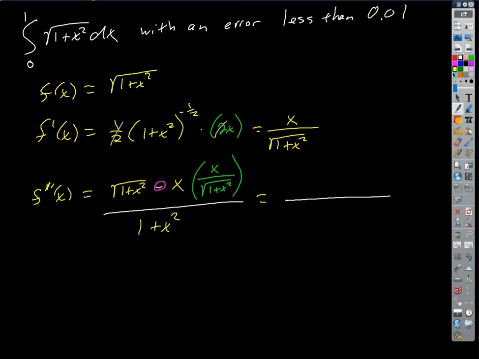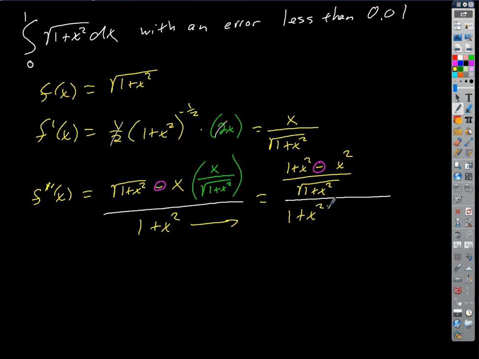So we'll end up with 1 plus x squared minus x times x, which is just going to be x squared, divided by our common denominator, 1 plus x squared, all over 1 plus x squared.